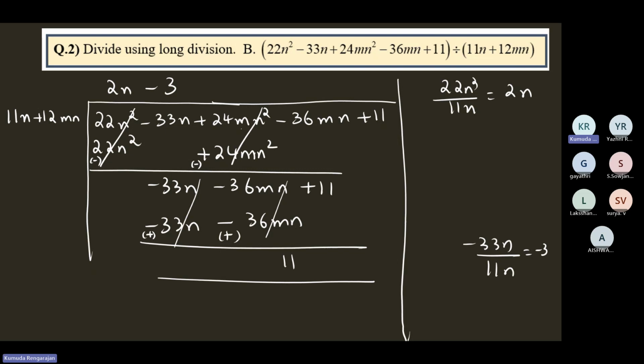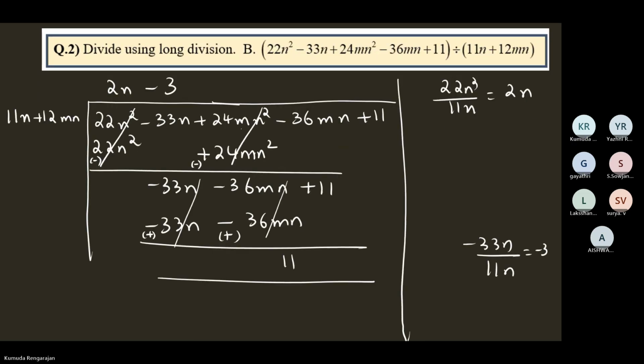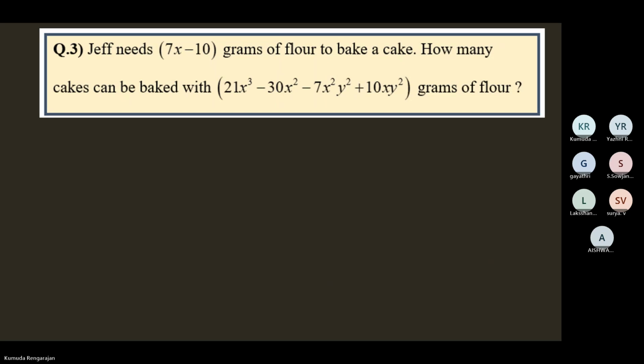All right. Next one. Jeff needs 7x minus 10 grams of flour to bake a cake. How many cakes can be baked with 21x cubed minus 30x square minus 7x square y square plus 10xy square grams of flour?